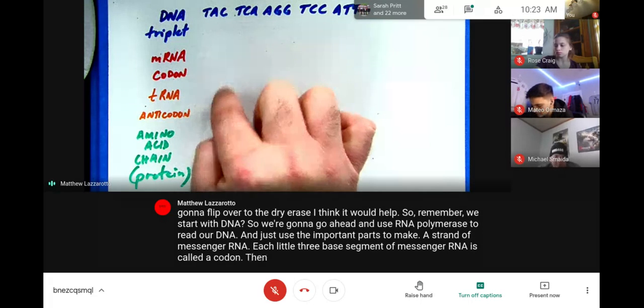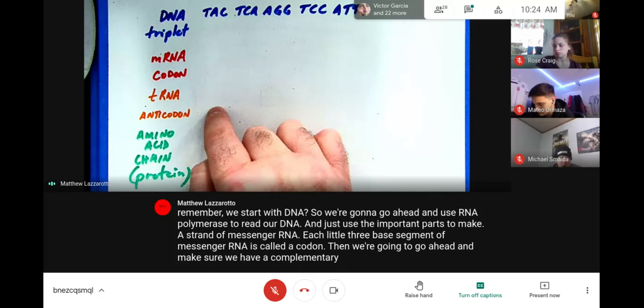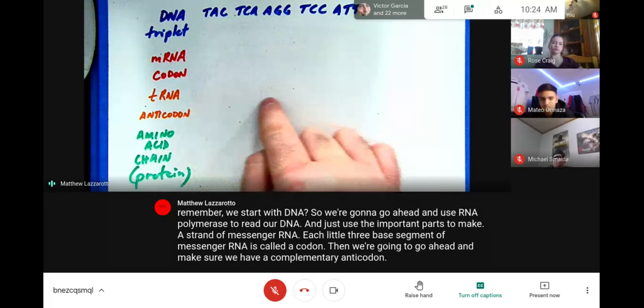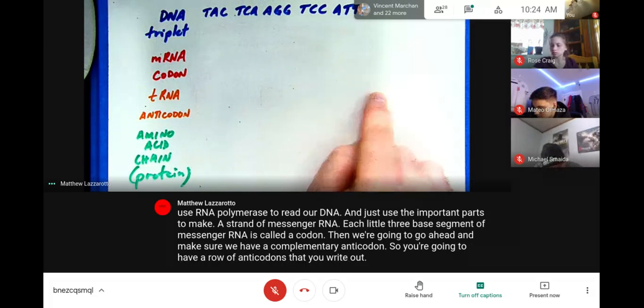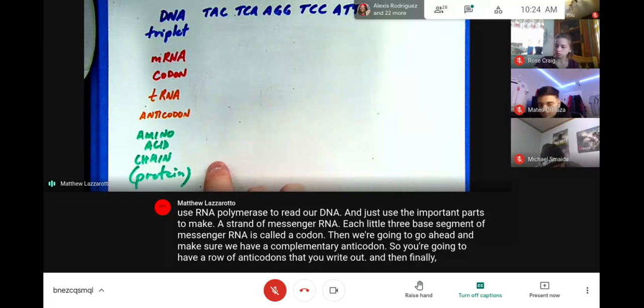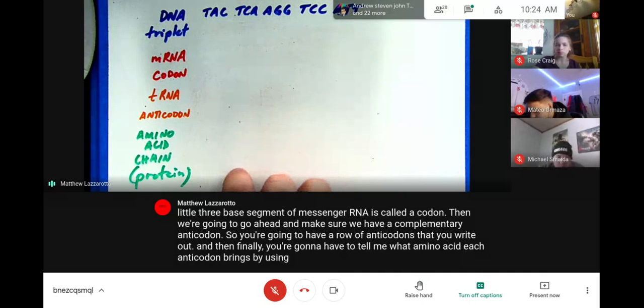Then we're going to go ahead and make sure we have a complementary anticodon. So you're going to have a row of anticodons that you write out. And then finally, you're going to have to tell me what amino acid each anticodon brings by using your chart. And this is the tricky part, right?